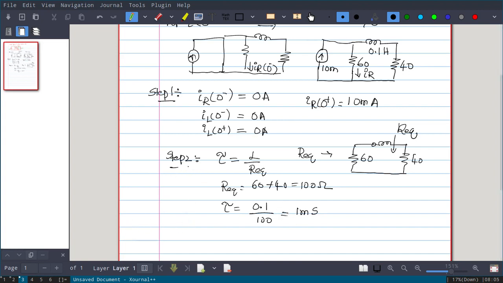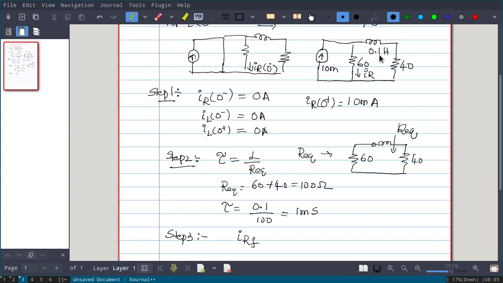That is step 2. Step 3, you have to calculate the final current, IRF, because finally we need an expression for IR. Since this circuit has an inductance, the current through all the elements will have the form of IRF plus IRN. So any current you want to determine will have the form of forced response plus natural response.